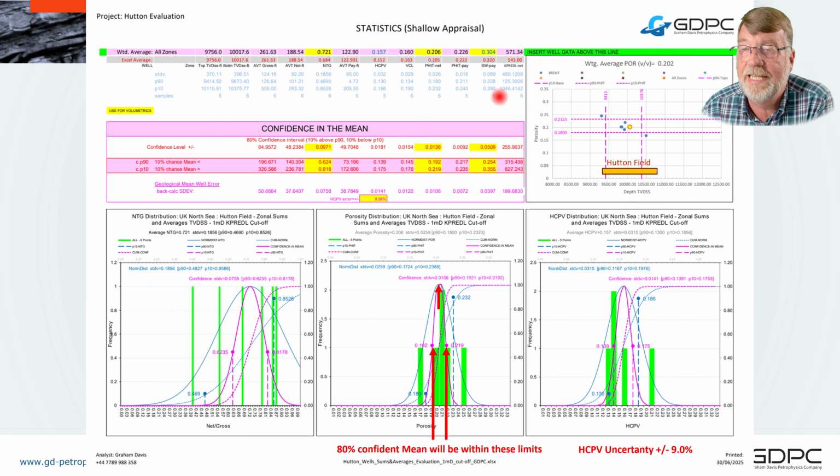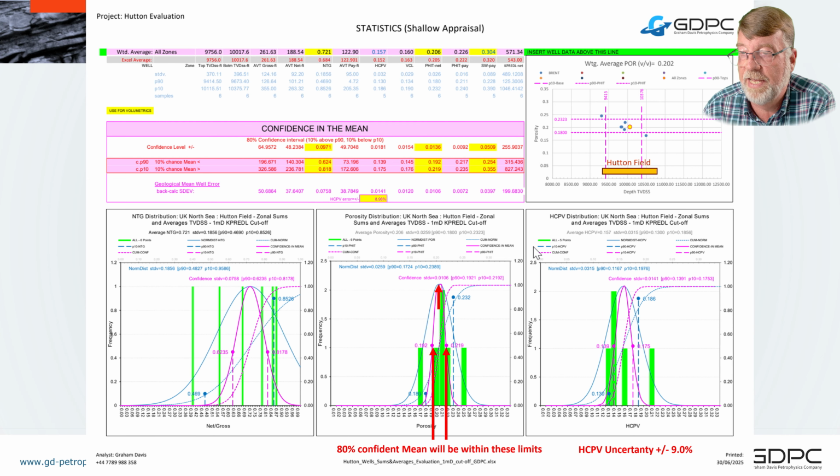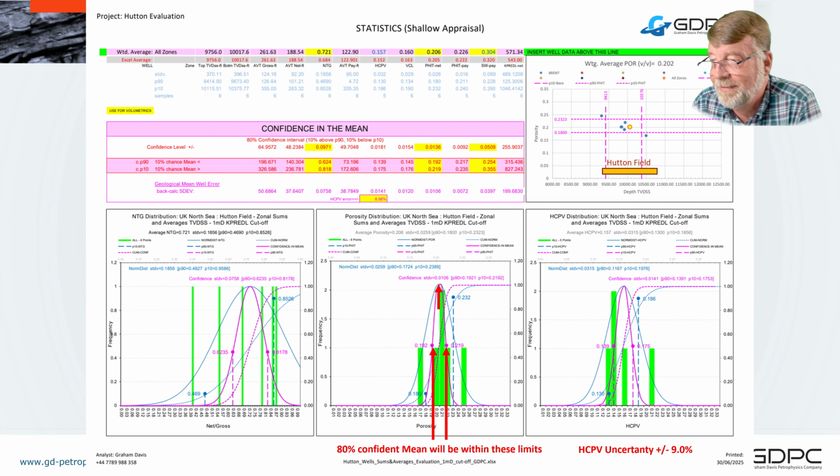So with these 6 wells, because we've got fewer wells, the uncertainty is increased. So you see, that's with all 10 wells, but removing the deeper wells, I'm 80% confident that the mean is going to fall within this range.